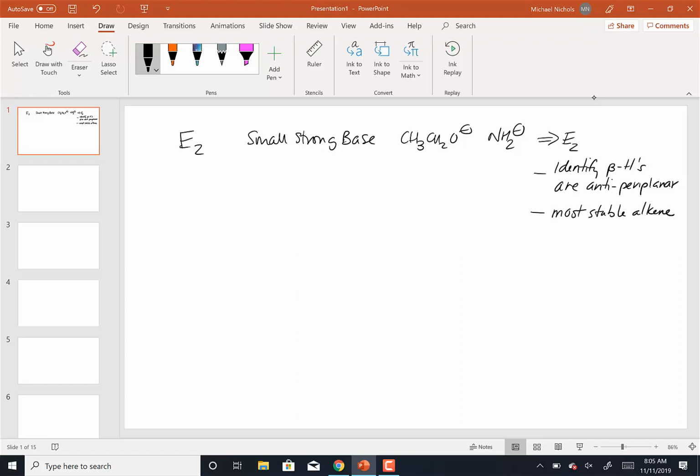Then if we have a sterically hindered strong base, what we have is something like tertiary butoxide. And in this case, again, we need to identify the beta hydrogens that are anti-periplanar.